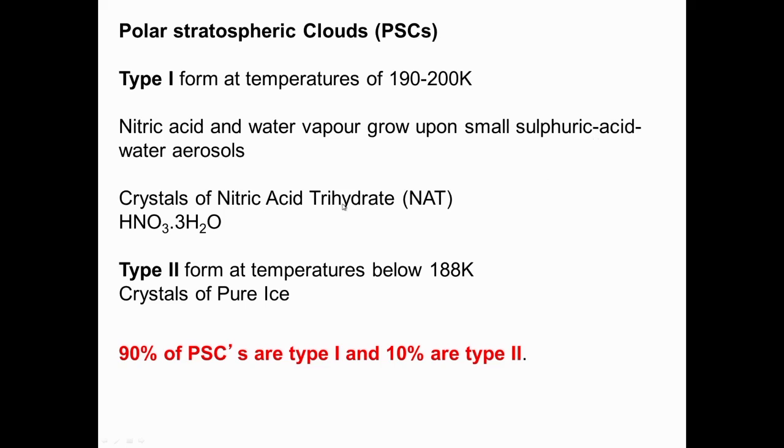And these are NAT, the nitric acid trihydrate. Now it turns out that 90% of the polar stratospheric clouds are this sort of a cloud because they're formed at these warmer temperatures.